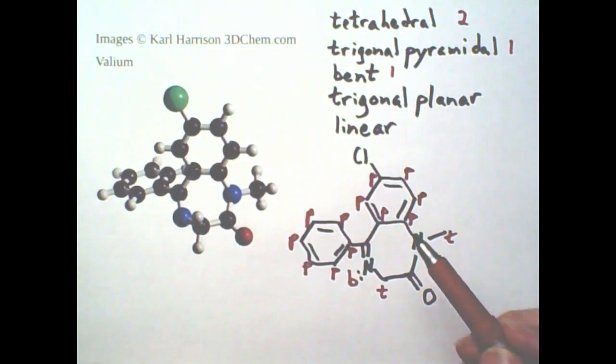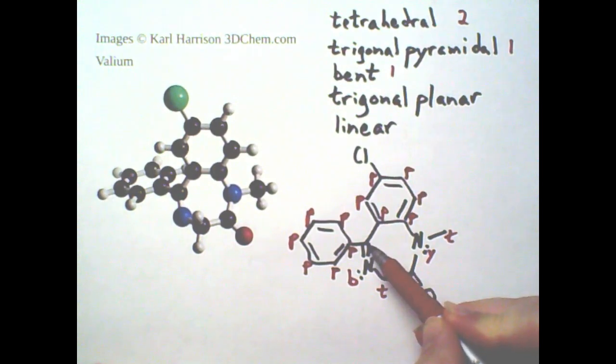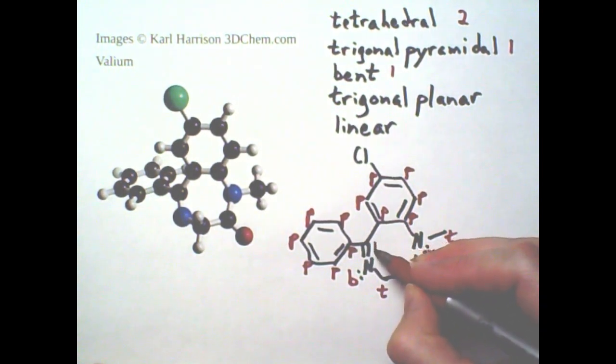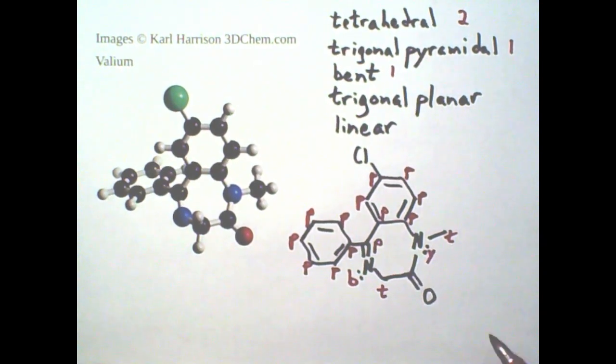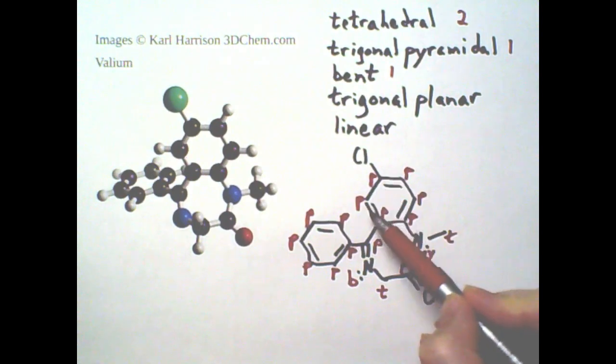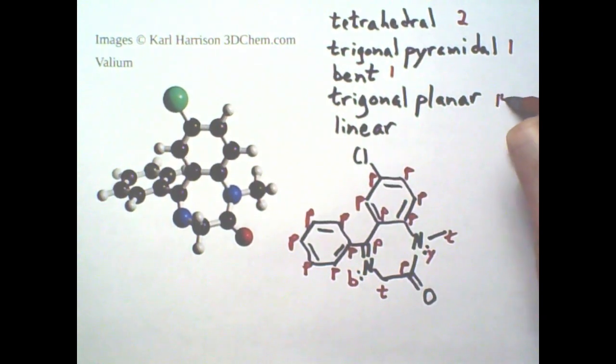What do we have left? We've got a carbon here. It's got a double bond and two single bonds. It's also planar. We've got a carbon here. It's got a double bond and two single bonds. That's also planar. We've now covered every atom in the molecule. So a lot of planar: 6, 7, 8, and 6 more, 14.